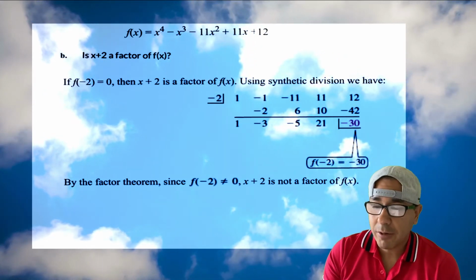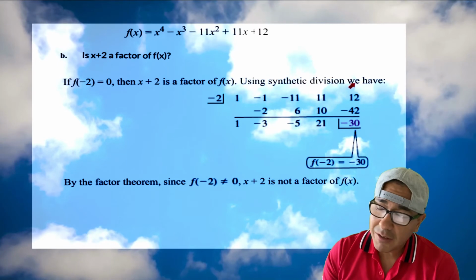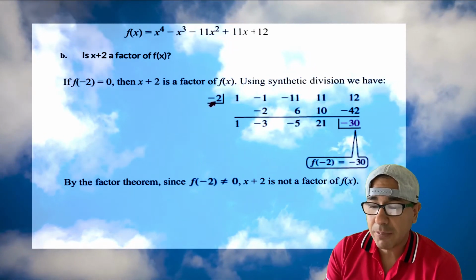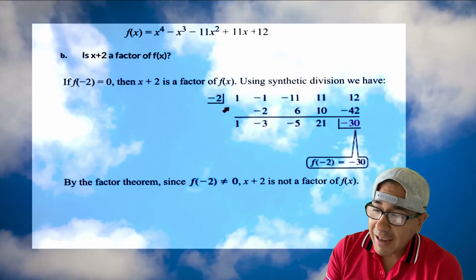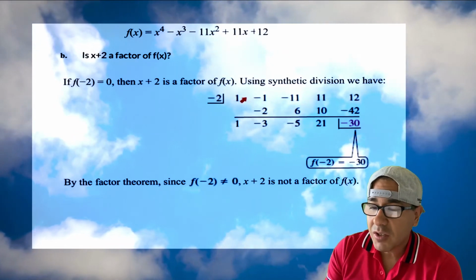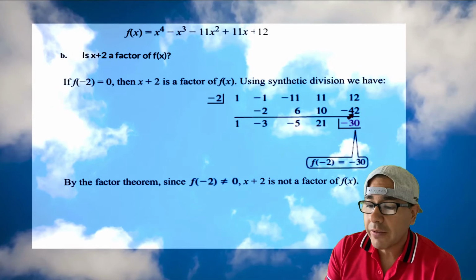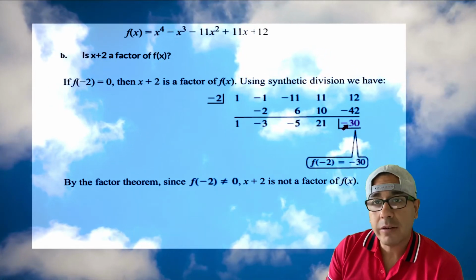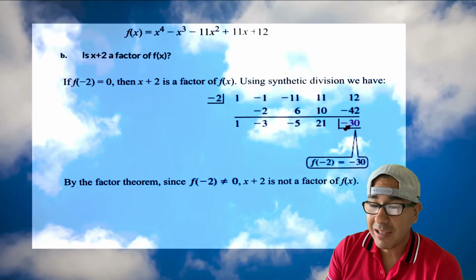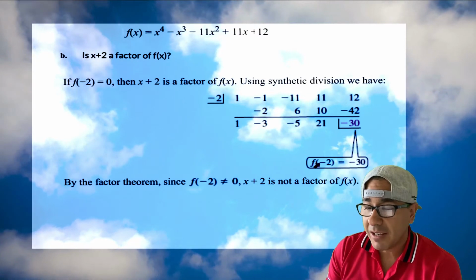So using synthetic division, here's what we have. I'm going to plug in that -2 and go to work using synthetic division. You know how to do synthetic division. Here's our work. What we want to focus on is that remainder, because that remainder is your output when you plug in -2.